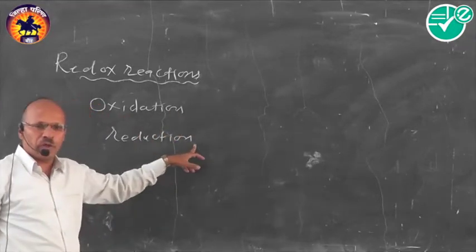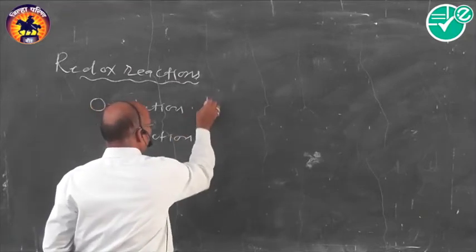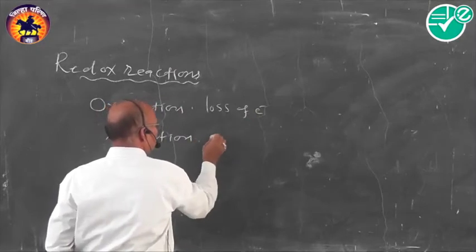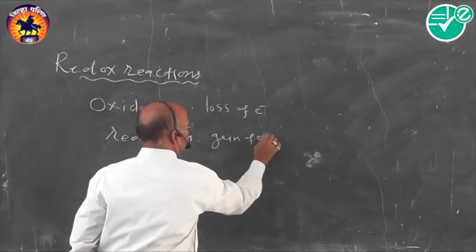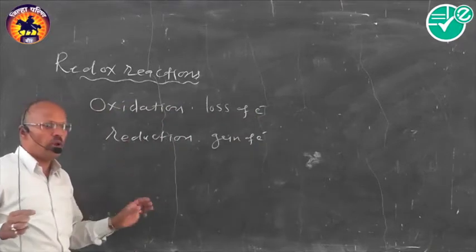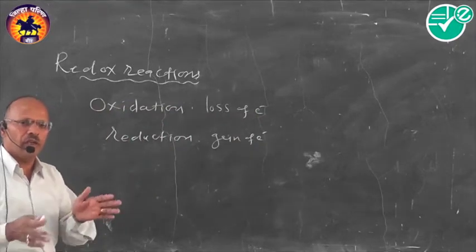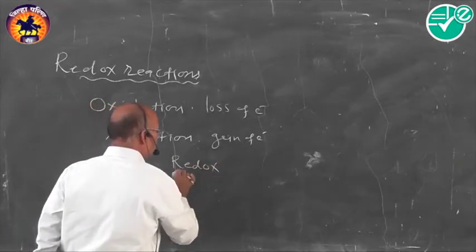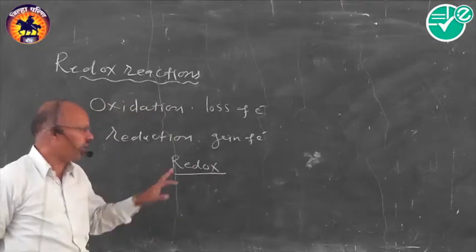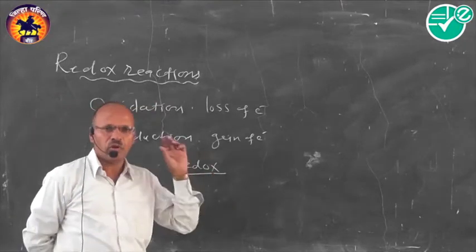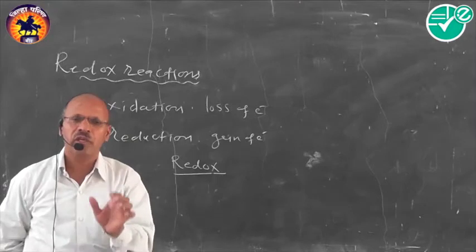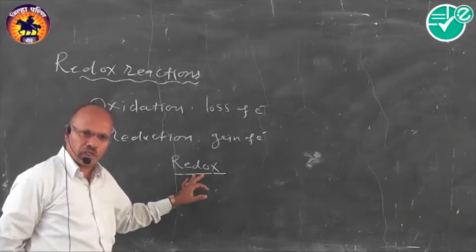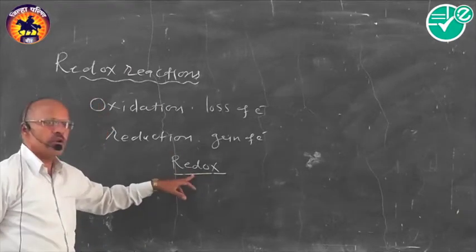Reduction means gain of electrons. By combining these two terms, we get the single term redox. We involve two processes: first reduction, second oxidation. So redox processes or redox reactions are chemical reactions in which oxidation and reduction occur simultaneously. These reactions we call redox reactions.